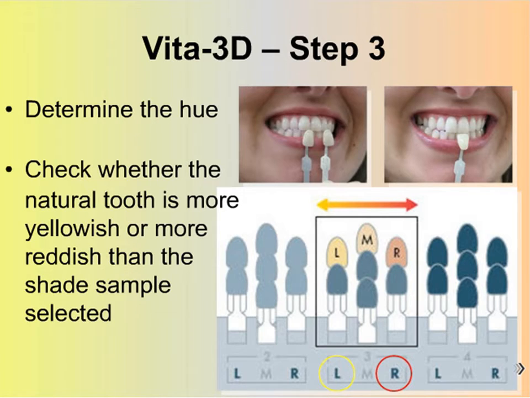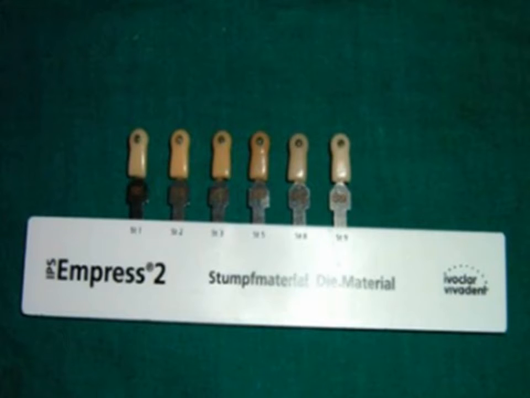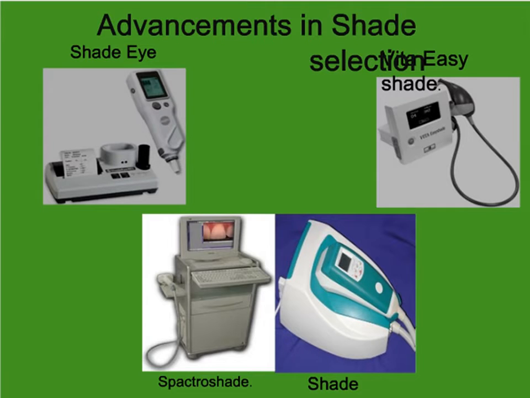So you start with the value, then the chroma, then the hue. Extended range shade guides are either for bleach shades or dentine shades, or custom-made or mock-up of the shade guide. Like these are the dentine guides.